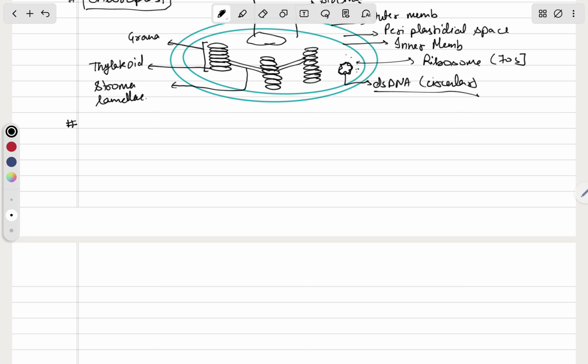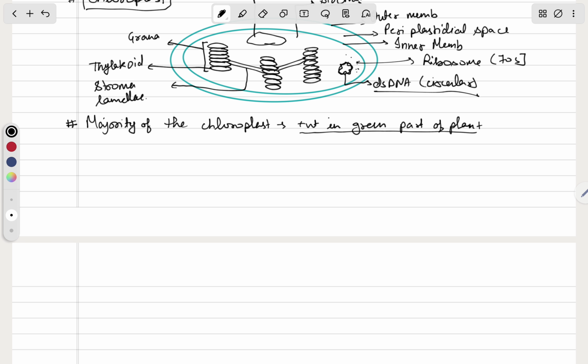Now, where are these chloroplasts present? The majority of chloroplasts are present in the green part of the plant. If we talk about the green part of the plant, then one important plant part which comes to mind is the leaf, right? In leaves we have a specialized tissue, the mesophyll tissue, where chloroplasts are present.